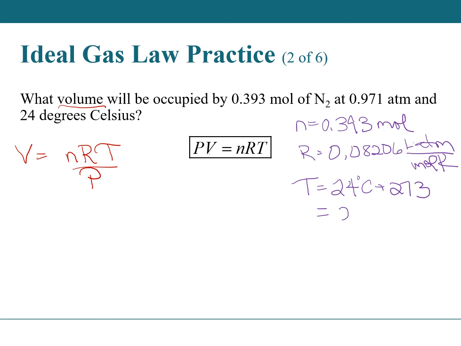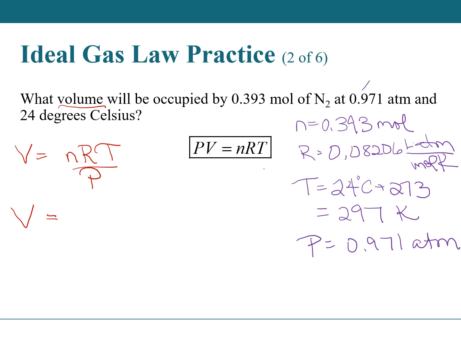So I get 297 Kelvin. Okay, so we have T. Atmospheres, we need P. P is 0.971 atmospheres.